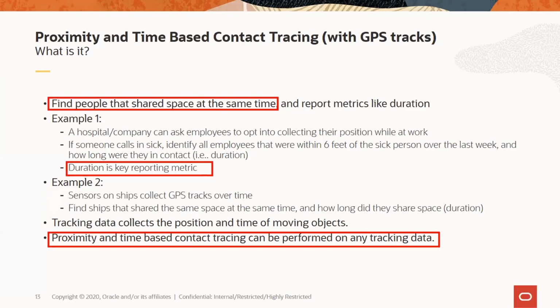You might want to ask a question, find all the ships that shared the same space at the same time, and how long did they share that space? How long were they close to each other, right? So this will work on any tracking data. Tracking data collects position and time of moving objects, and this can detect, given a certain distance within the 2 tracks, so the proximity and time-based contact tracing can be performed on any track data.